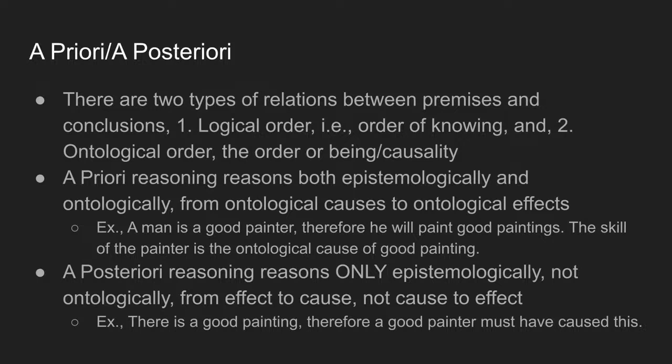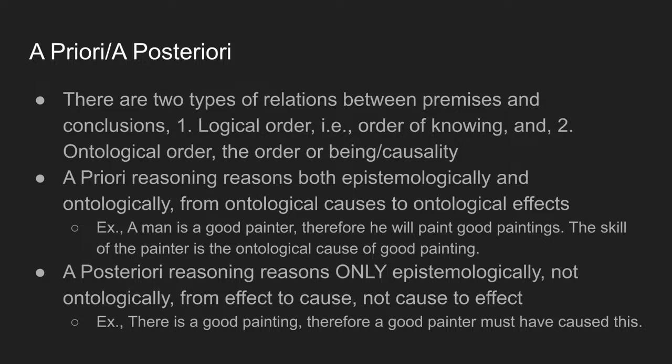So you have these two premises, and it leads to you knowing a certain conclusion. That's ubiquitous for every single type of syllogism: you're going to have a logical order or an epistemological order. The conclusion is going to be made known by the premises. It's very simple, very easy.